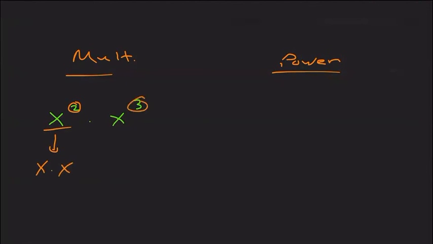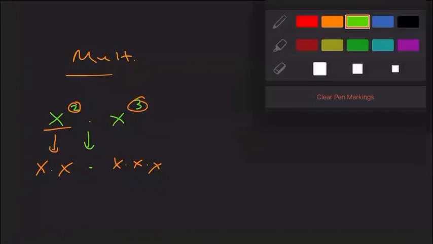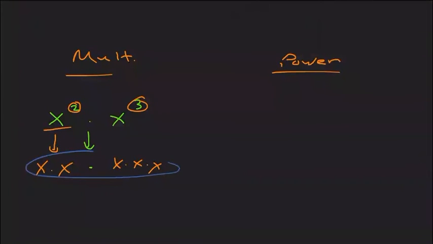This is saying we have 3 x's being multiplied. And we can just drop down this multiplication symbol. Now count up how many x's we have being multiplied. 1, 2, 3, 4, 5. So now we know that if you multiply x squared times x to the 3rd, we get x to the 5th.